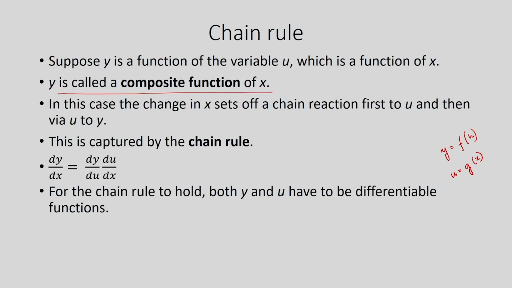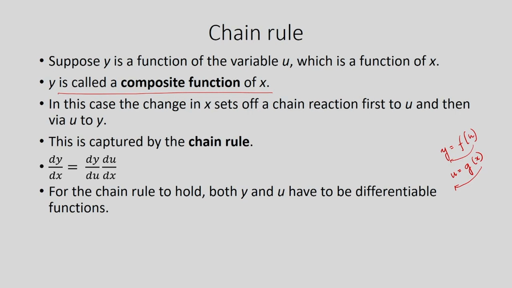In this case, the change in x sets off a chain reaction first to u and via u to y. This is captured by the chain rule. So, this is easy to see. Suppose x is changing, then this is going to affect u, right, u is going to change, and therefore, if u is going to change, that will affect y.